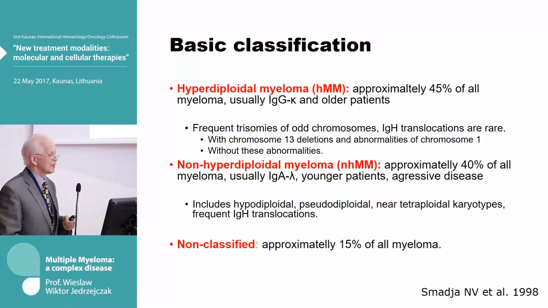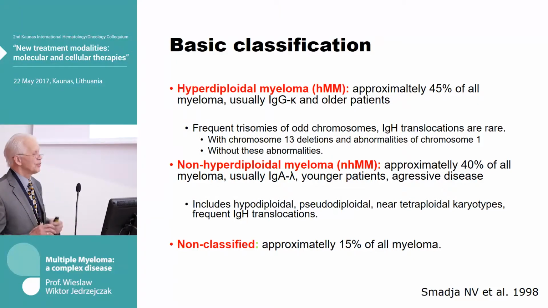But then as far as this hyperdiploidal myeloma, one could identify those patients who have chromosome 13 deletions or abnormalities of chromosome 1, and those without these abnormalities. And the non-hyperdiploidal could include hypodiploidal, pseudo-diploidal, near tetraploidal karyotypes, and frequent IgH translocation.